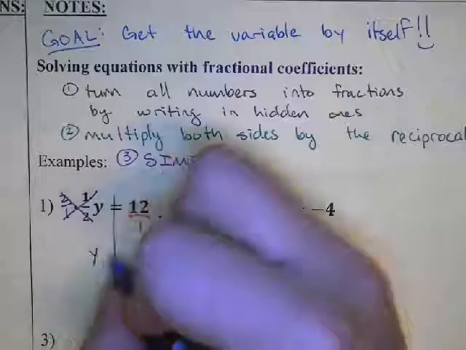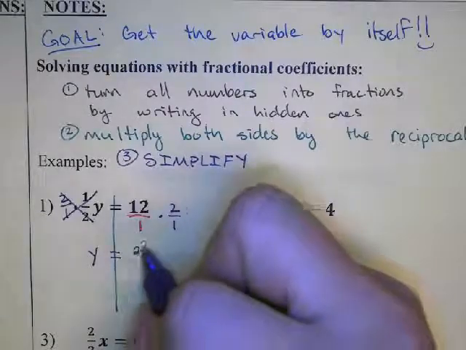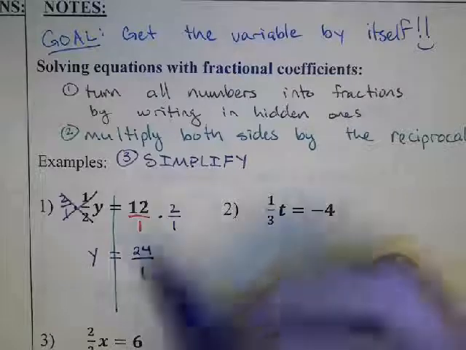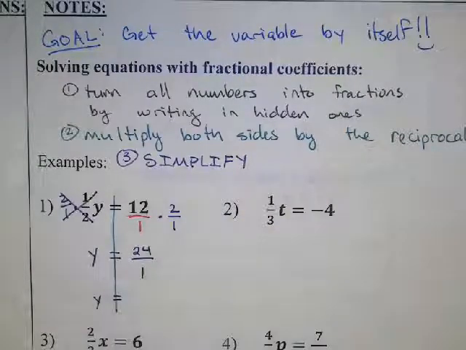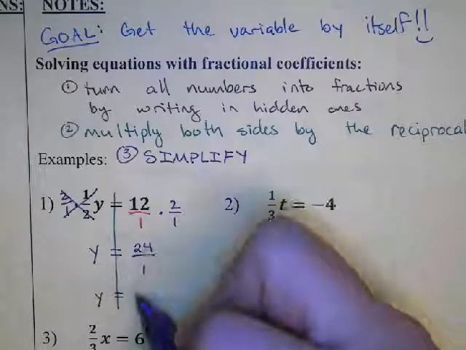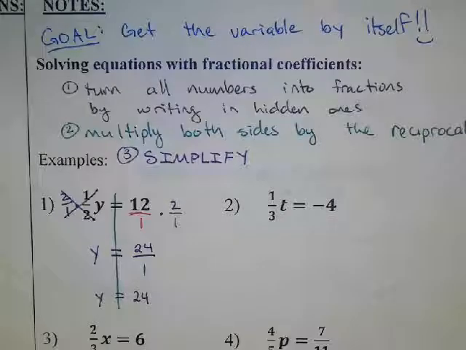And we have y equals 12 times 2 is 24. 1 times 1 is 1. Then we divide to simplify. 24 divided by 1 is 24. So it's very similar to what we did in our last lesson.